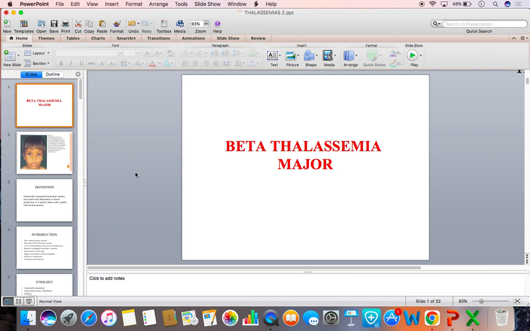There is a quantitative defect in the hemoglobin synthesis. Beta thalassemia major in particular is transfusion dependent, causing morbidity and mortality.